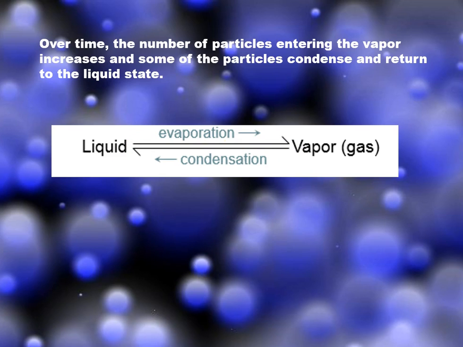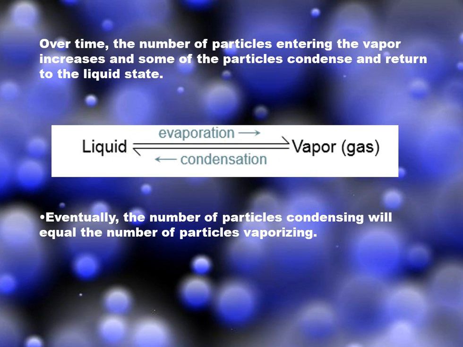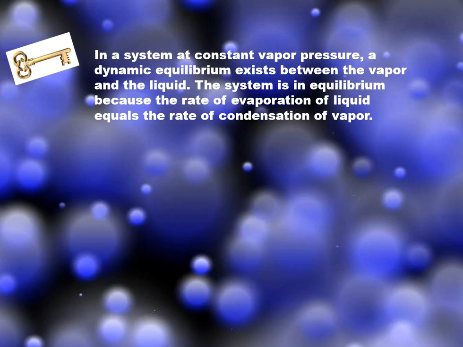And when this process goes on, eventually the number of particles condensing will equal the number of particles vaporizing, and that is what is called a dynamic equilibrium. Okay, and they balance one another out. Another key question is, in a system at constant vapor pressure, a dynamic equilibrium exists between the vapor and the liquid.